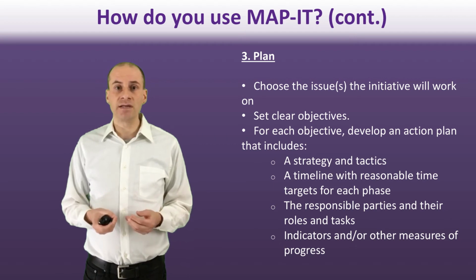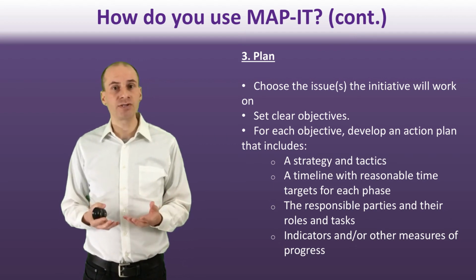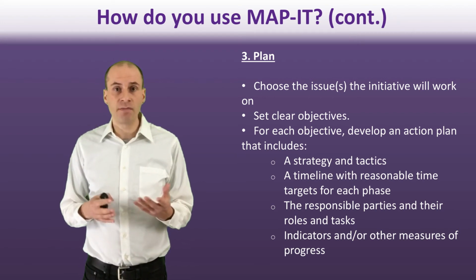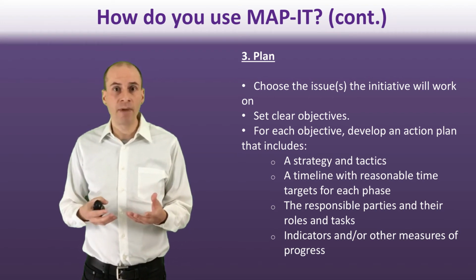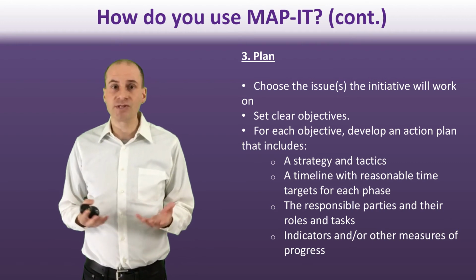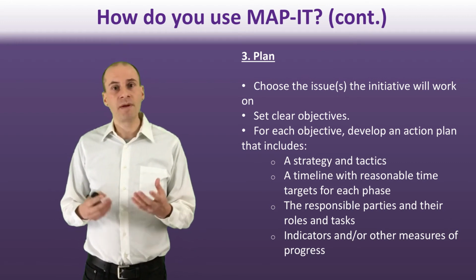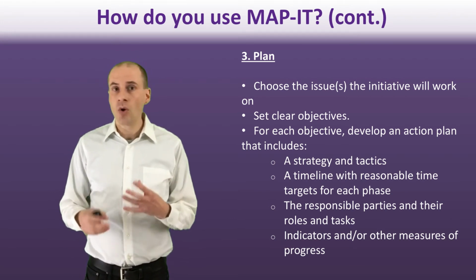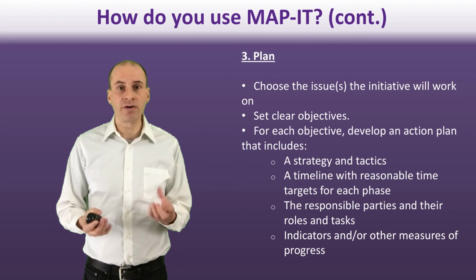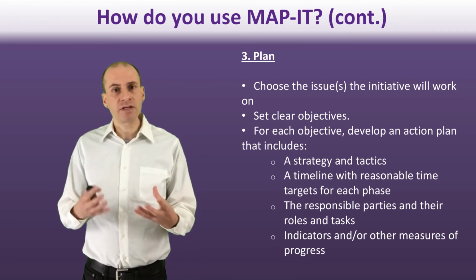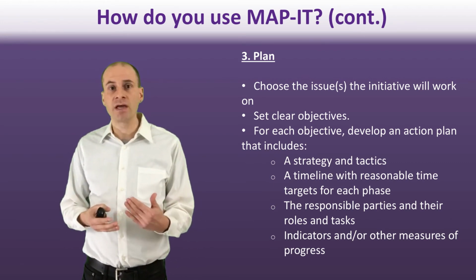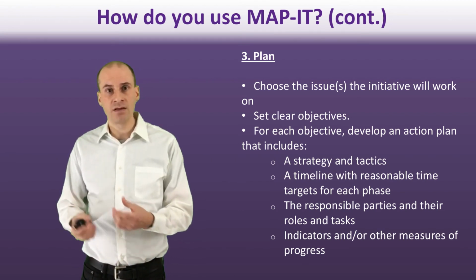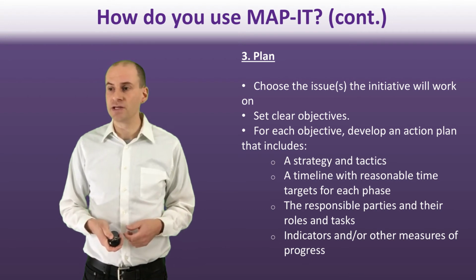So if your change is that you want to get people to exercise to decrease risk for cardiovascular disease, well, your indicator might be how many hours of exercise people do, or what people's attitudes towards exercise are, or whether families exercise together, or how many gyms there are in a region. Different types of things that could potentially be indicators of whether you've been able to move the dial a little bit on this health-related issue.